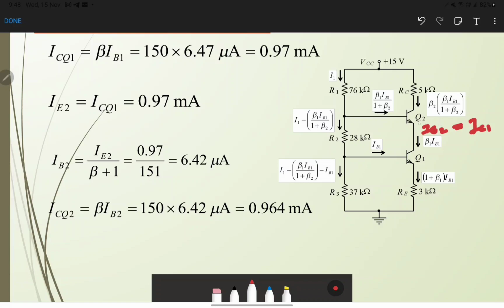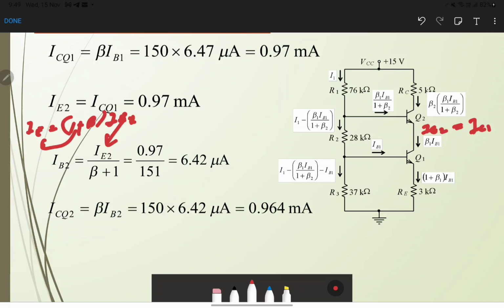So after you got the IE2, you can make a reverse engineering to find the IB2, because IE2 equal to 1 plus beta times IB2. So rearranging back, IB2 equal to IE2 over 1 plus beta.